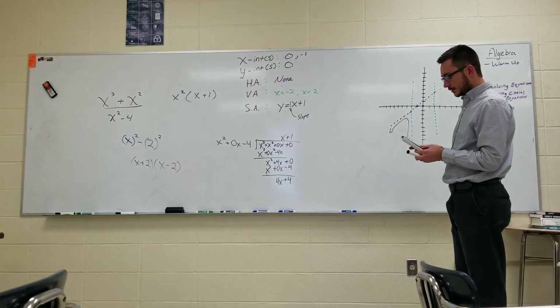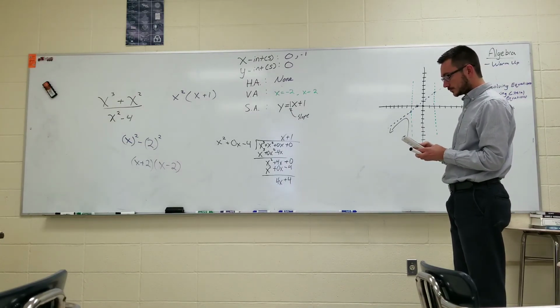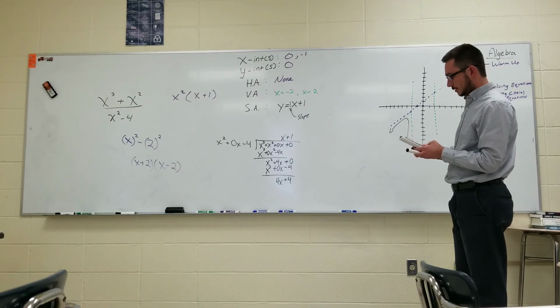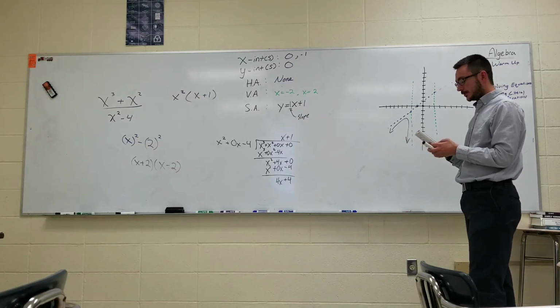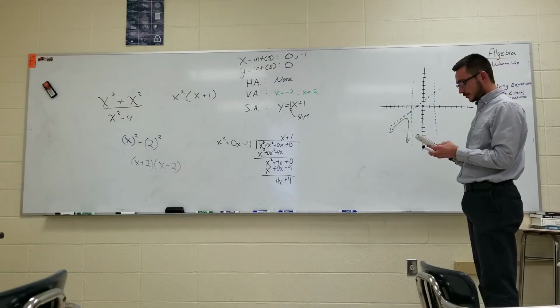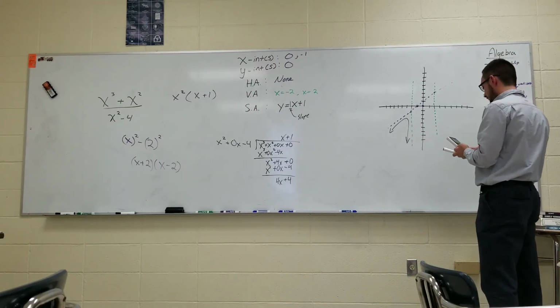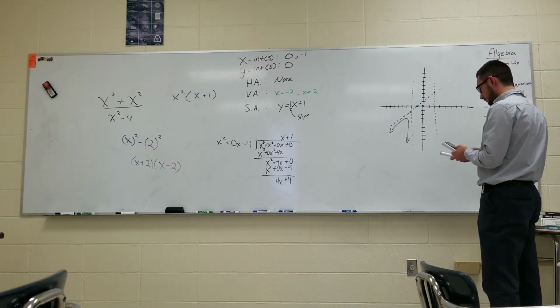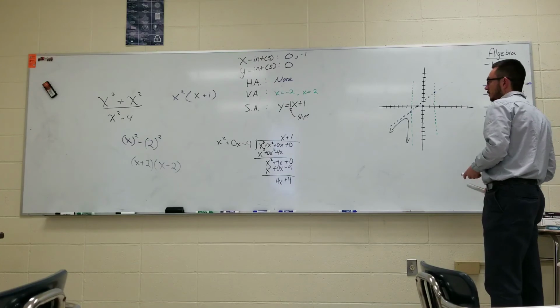Negative 1.9 cubed plus negative 1.9 squared, all that divided by negative 1.9 squared minus 1. Okay. So that gives me something pretty close to 0.